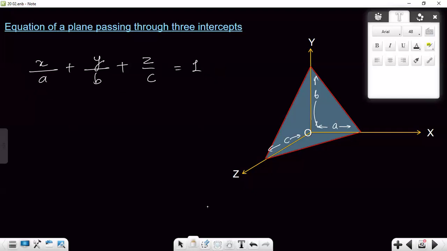Simple. x by A plus y by B plus z by C is equal to 1. This is the equation of the plane.